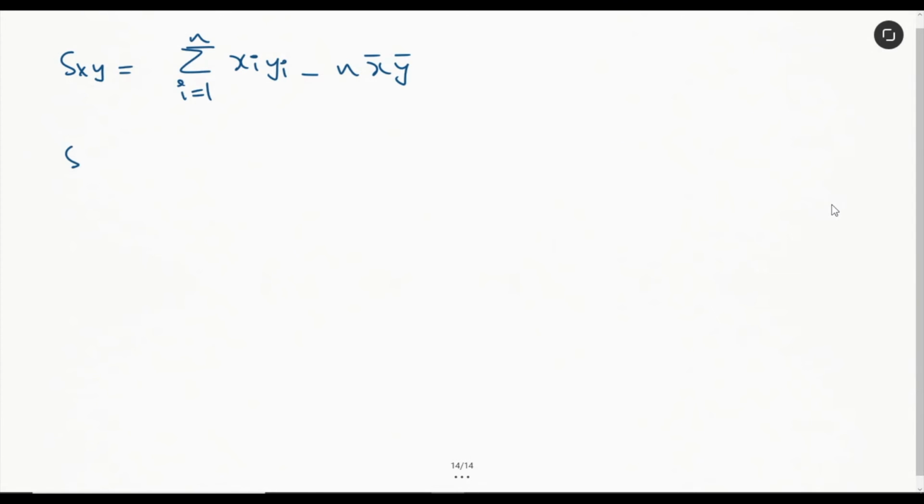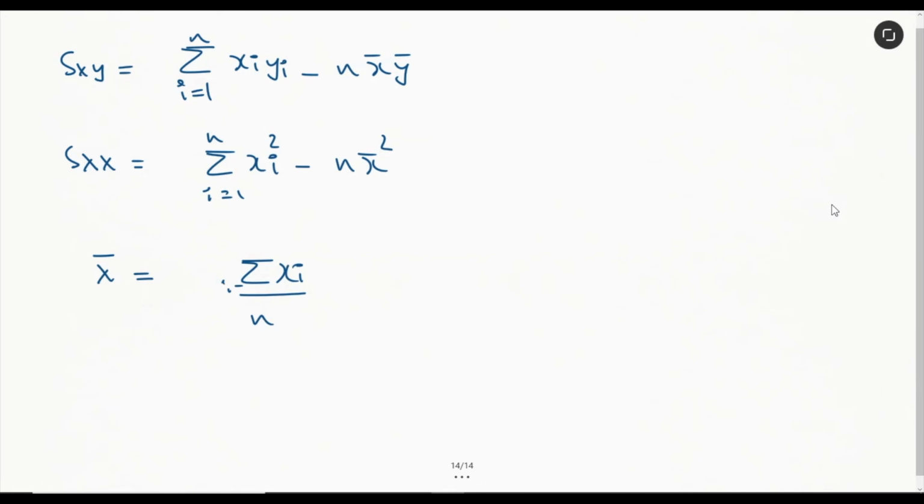And sxx is given by the sum of xi square for i equal to 1 to n, minus n x bar square, where x bar is the mean value. So x bar is given as the sum of xi for i equal to 1 to n, divided by n, and y bar is given similarly as the summation of yi for i equal to 1 to n, divided by n.